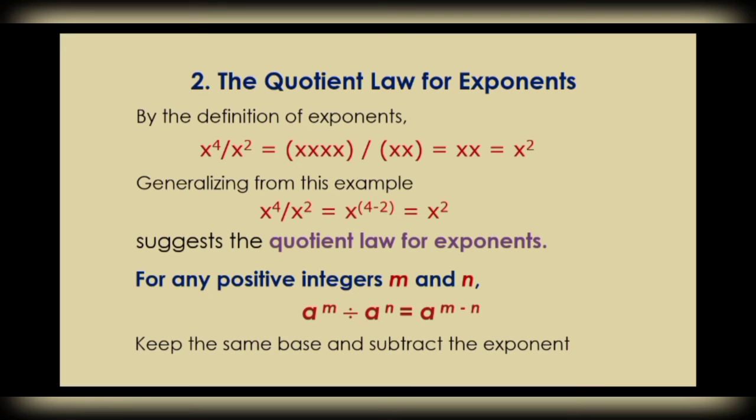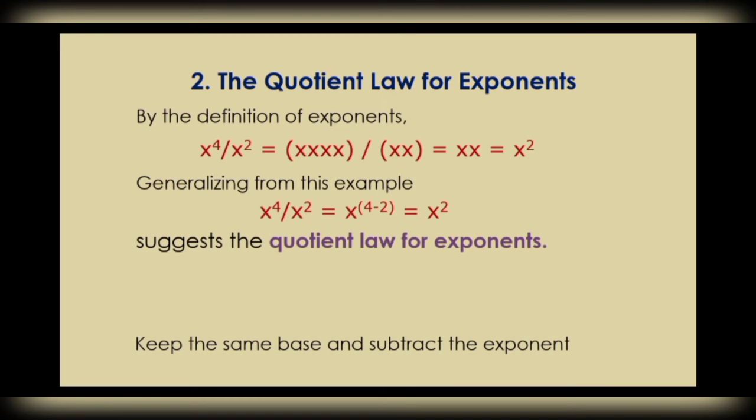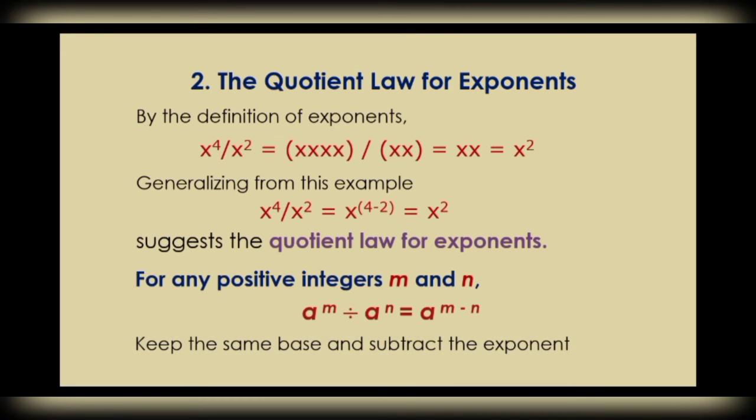Now here is the hint for this law. Keep the same base and subtract the exponents. For example, 6 to the power 5 divided by 6 to the power of 3. This is equal to, by using this law of quotient, 6 to the power of 5 minus 3, which is equal to 2.